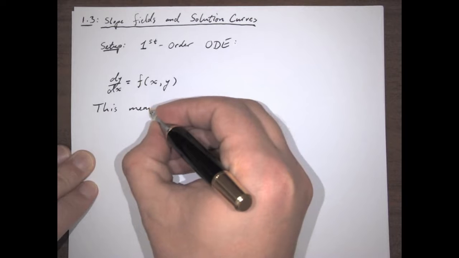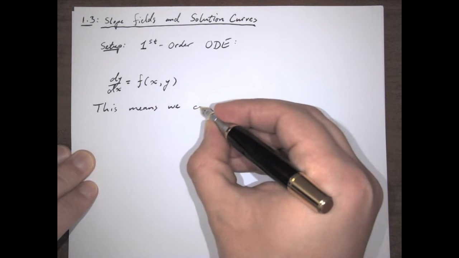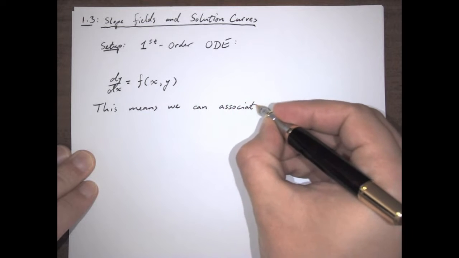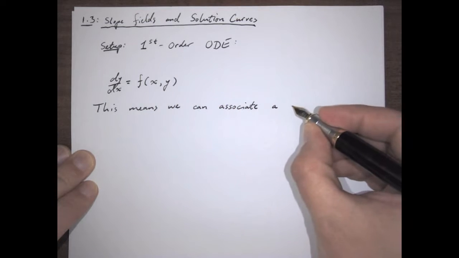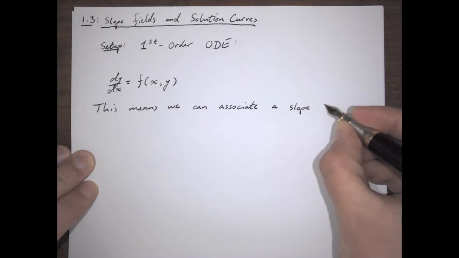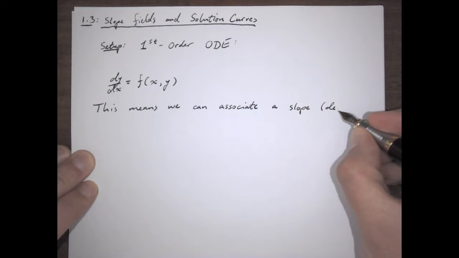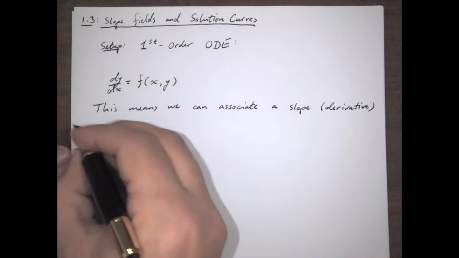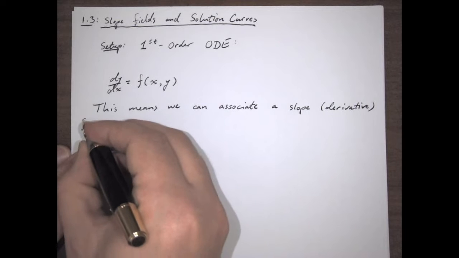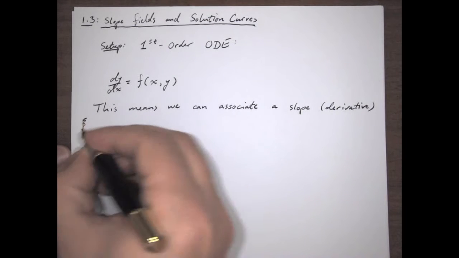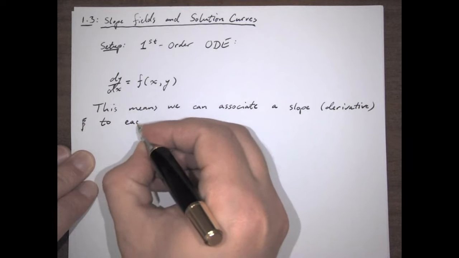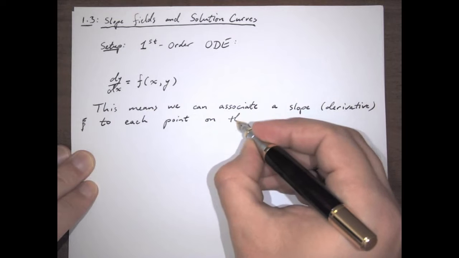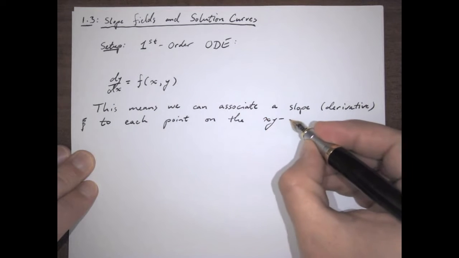This means we can associate a slope, which is the same thing as the derivative, to each point on the xy plane.